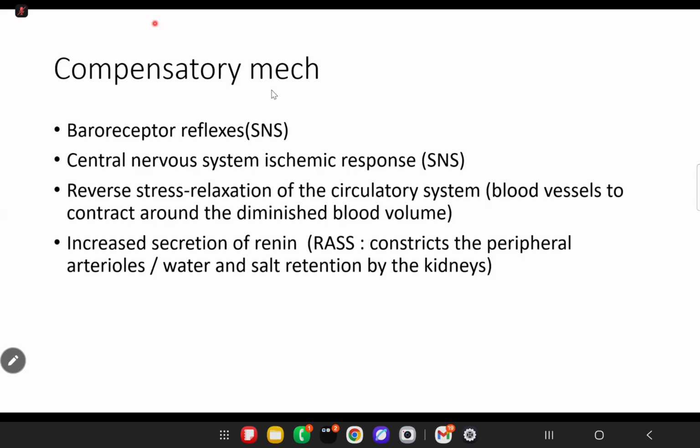Angiotensin 2 is a potent vasoconstrictor which acts independently. So that will also vasoconstrict and increase your blood pressure. And aldosterone will increase reabsorption from your kidney, which will give you a little bit more volume. So there's water and salt retention from the kidney.